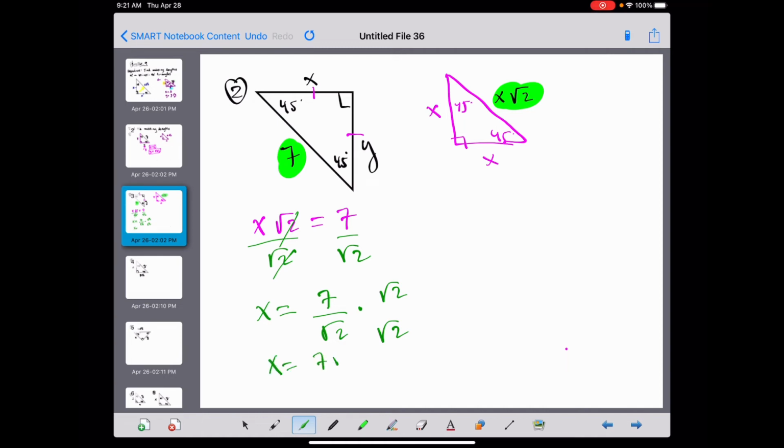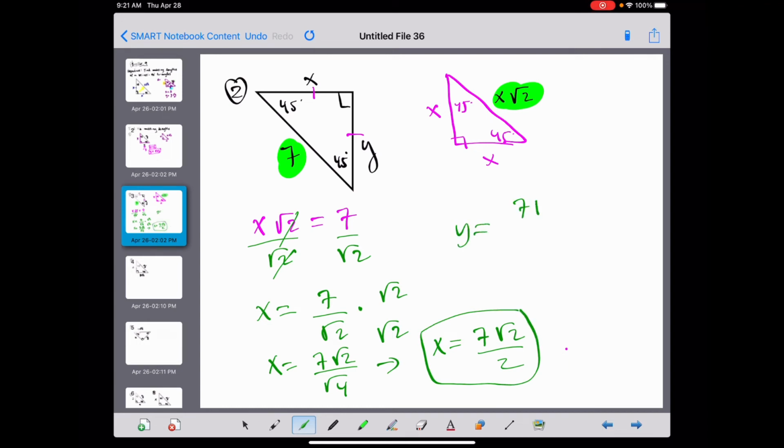So we have 7 square root of 2 over square root of 4, and in this case, it's 7 square root of 2 over 2. So if x is 7 square root of 2 over 2, then y is also 7 square root of 2 over 2, because these two sides are the same.